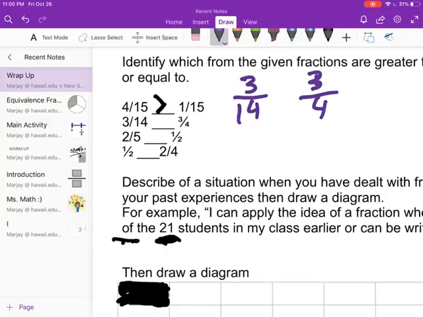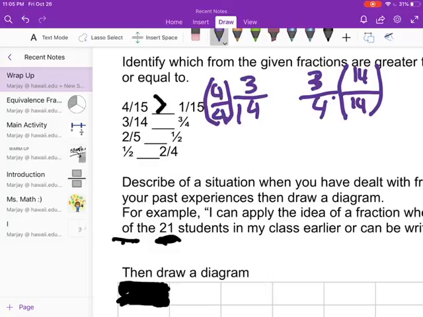Since they don't have the same denominator, the simplest way to make them have the same denominator is to multiply their denominators, top and bottom, to the other fraction. So for this fraction we would multiply 14, and for this fraction we would multiply 4.